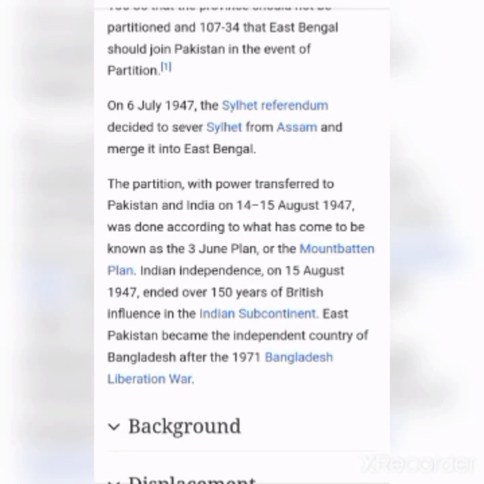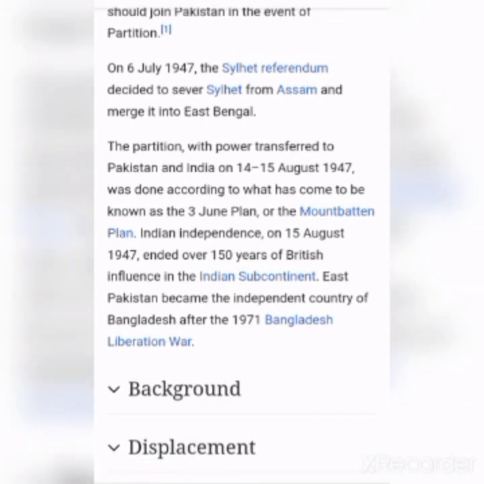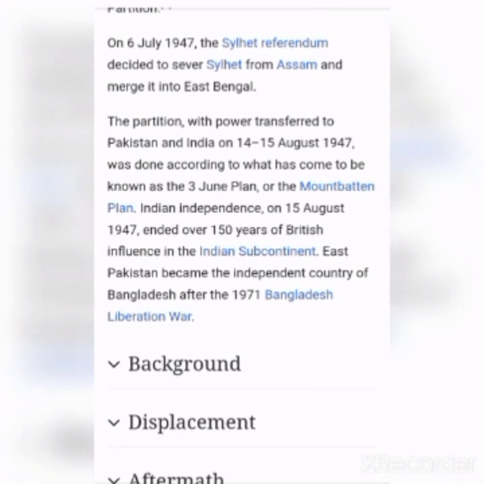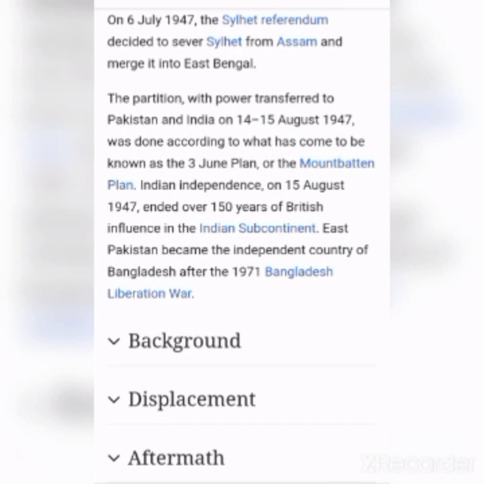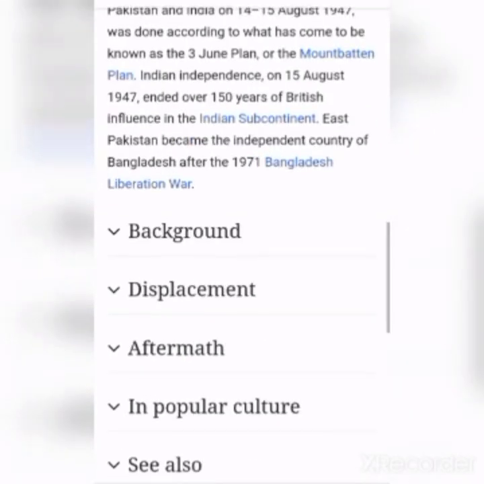Indian independence came on 15 August 1947, ending over 115 years of British influence in the Indian subcontinent. East Pakistan became the independent country of Bangladesh after the 1971 Bangladesh Liberation War.